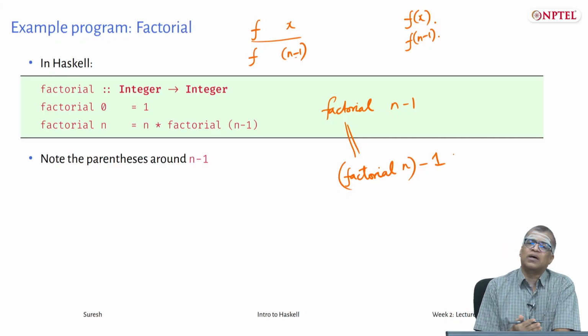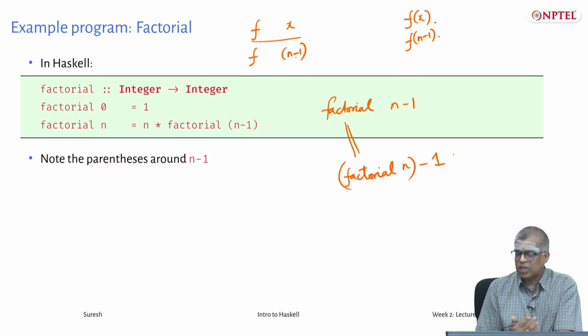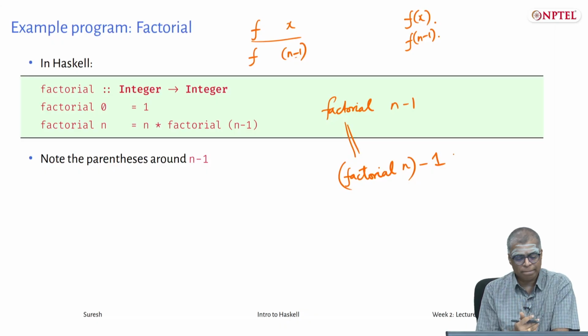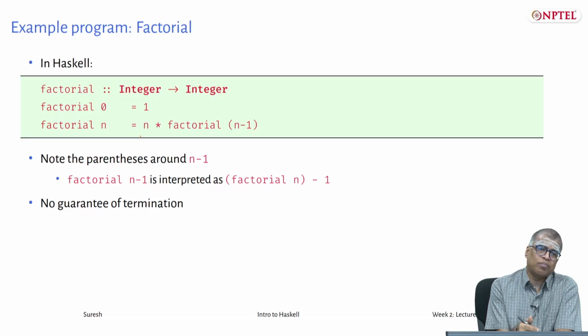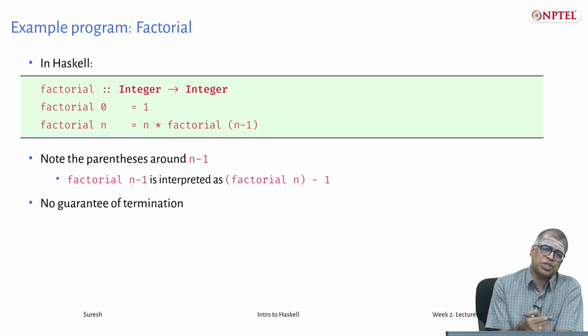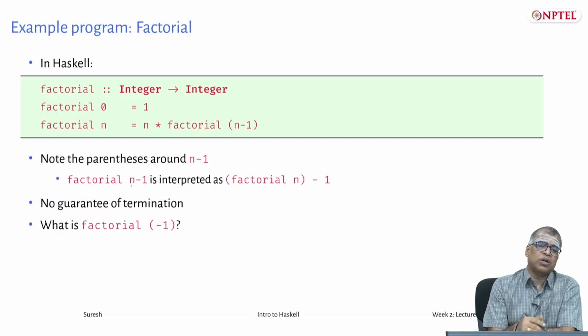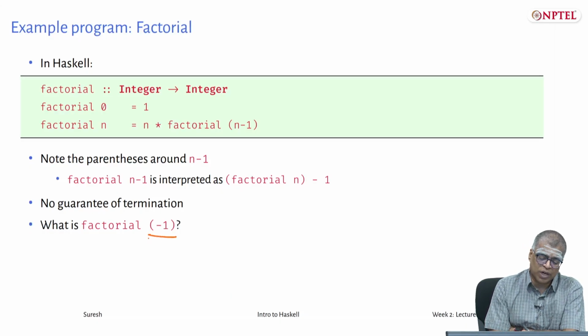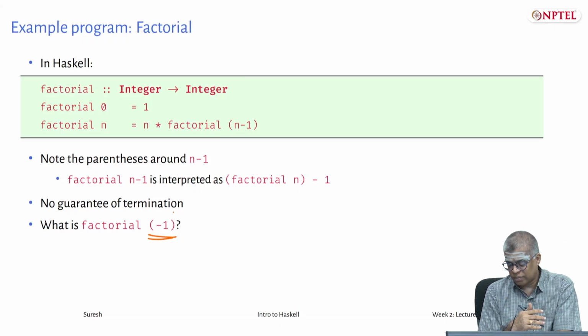Of course, I can write such a function in Haskell and it will compile, but it is just that if you try to run it, it will never ever end. We will see this in the demo session for this week later. There is no guarantee of termination even for the program as such, because I could invoke this function with a negative value factorial minus 1, and if you do that it will go on without end, right.